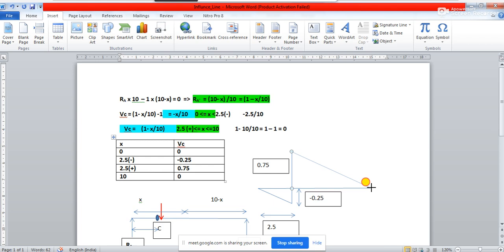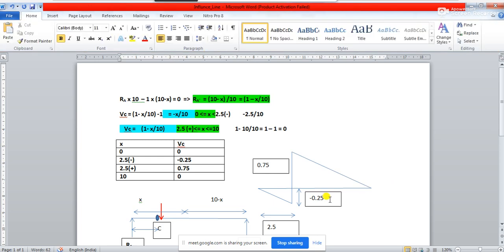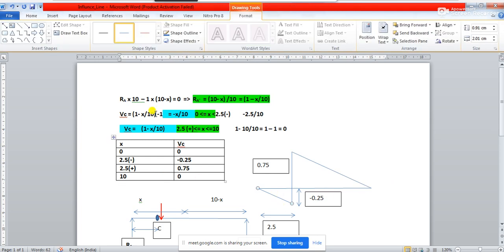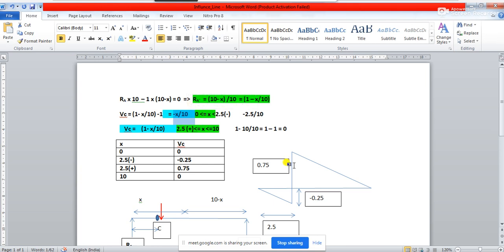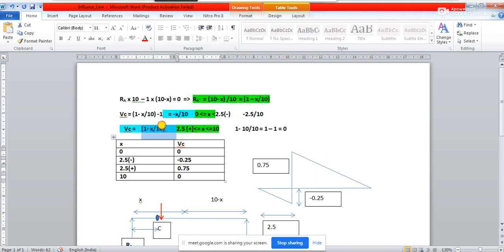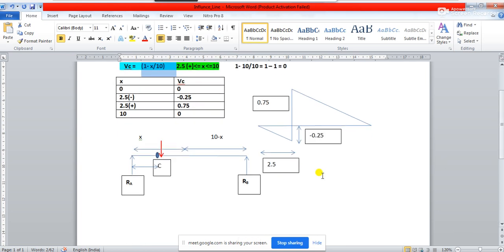At x equal to 10 it is 0. So this is one straight line. The equation of this straight line is nothing but 1 minus x by 10, and this is actually the influence line diagram for shear force at C.